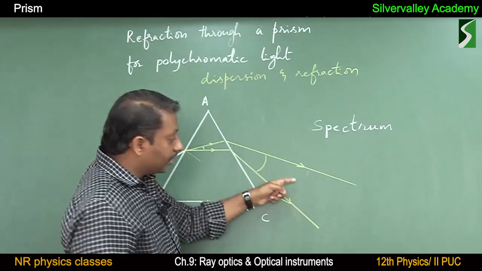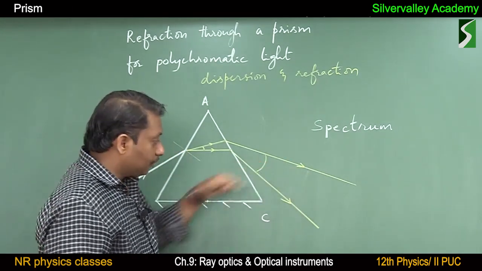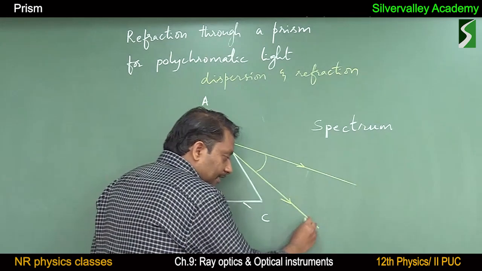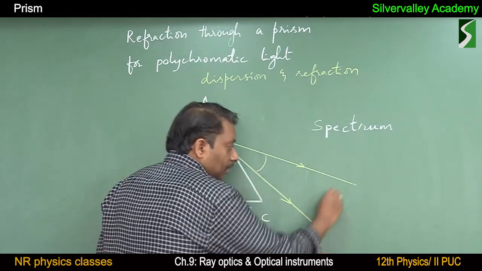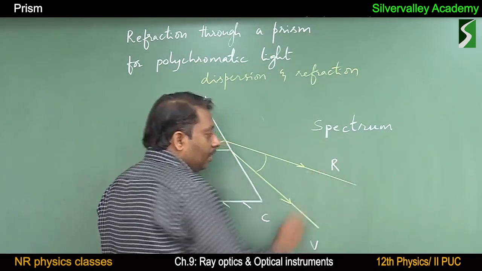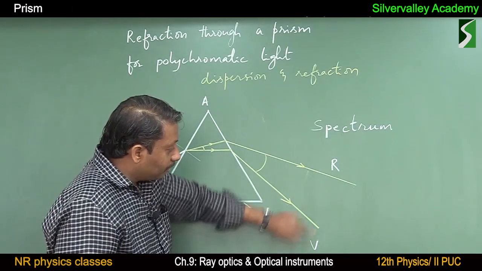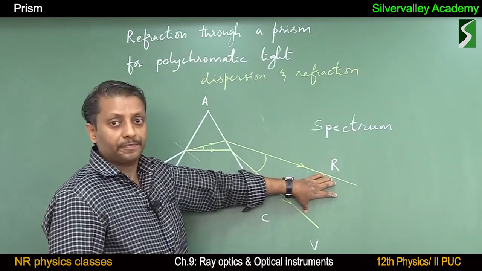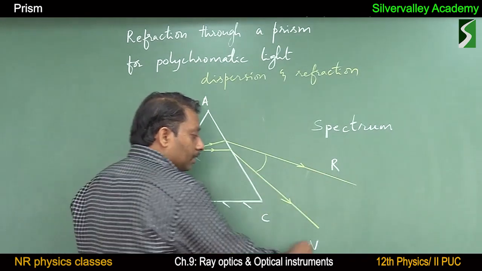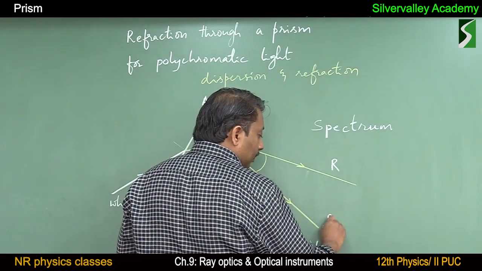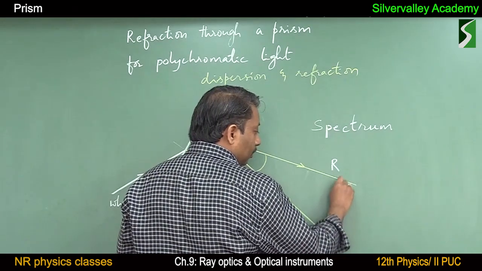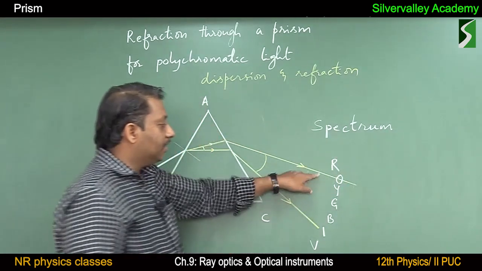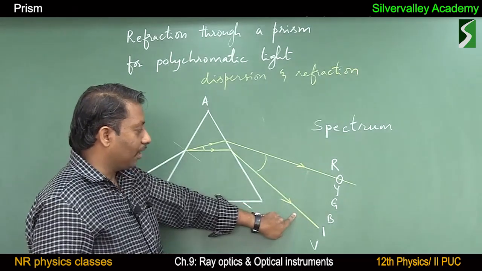Arrangement of light according to wavelength or frequency. So here this is violet and this is red, and all other wavelengths between violet and red will be in between these two extremes. Okay. V, I, B, G, Y, O, R, and this extreme is red, this is violet.